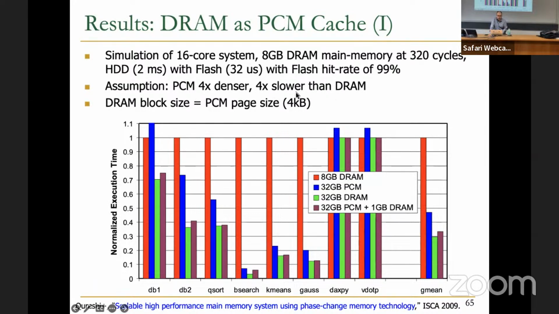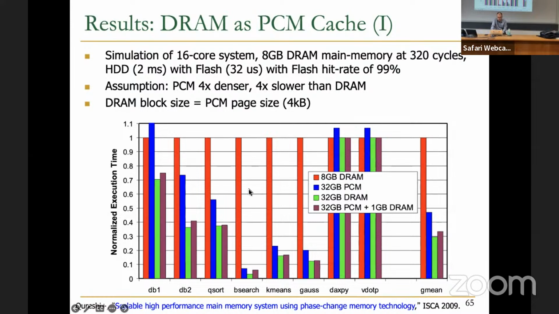They also consider that PCM is 4 times slower than DRAM, which is quite optimistic in my opinion. In our work, for example, we considered that PCM was at least 12 times longer than DRAM, at least for the write latency. And the DRAM block size is equal to the PCM page size.